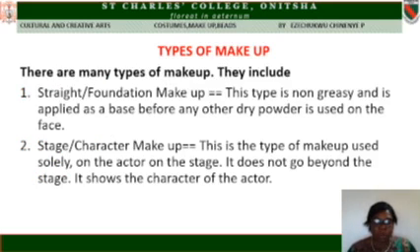Types of makeup. There are many types of makeup. These include: 1. The straight or foundation makeup. This type is non-greasy and is applied as a base before any dry powder is used on the face.